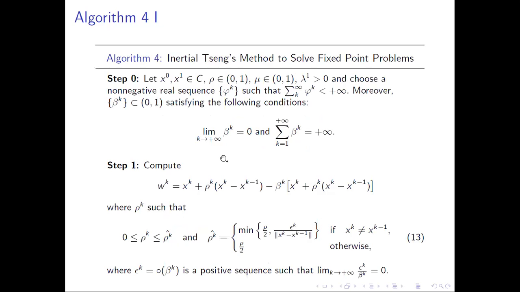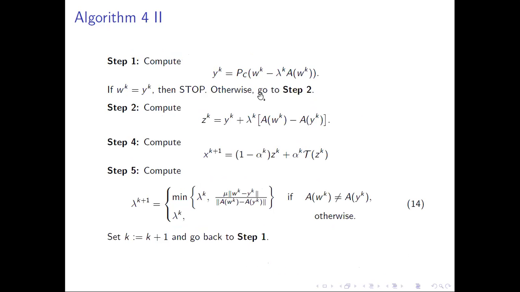In the second algorithm, we use the Tseng extragradient method to solve the fixed point problem instead of the two-step extragradient method. Step 0 is the same as in the previous one. In step 1, we compute the inertial step and the inertial factor updated by equation 30. Then we compute the first projection. In step 2, this is not a projection.